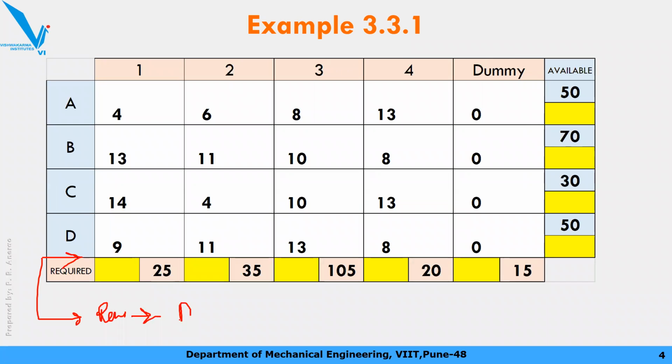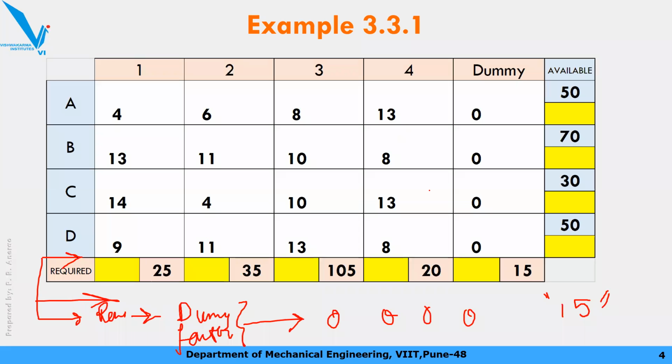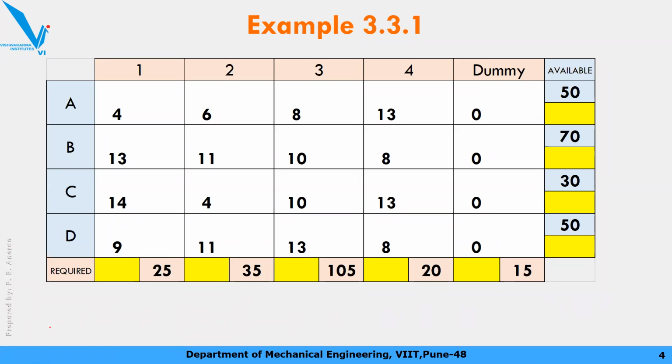That row is a dummy factory. Just as we made a dummy store, we will make a dummy factory, which in reality will not manufacture anything, but just to balance out our problem we are going to put zero transportation cost, and whatever excess demand is there, we are going to put at that location. Okay, so add a row. This way you can balance out your problem statement.